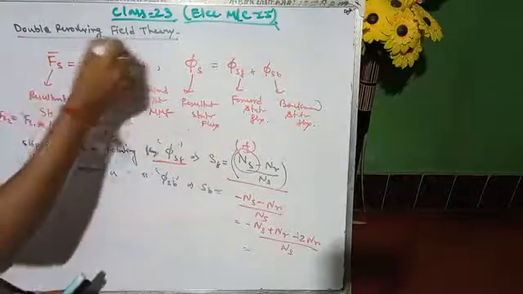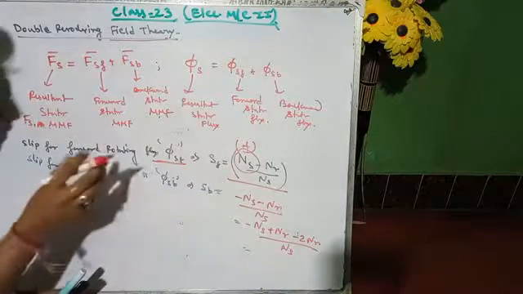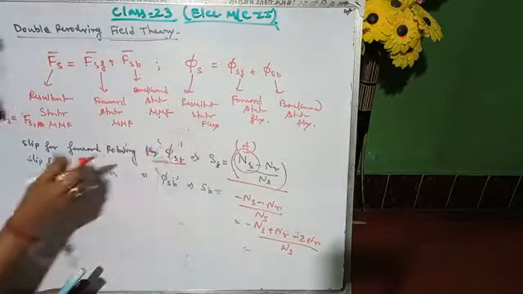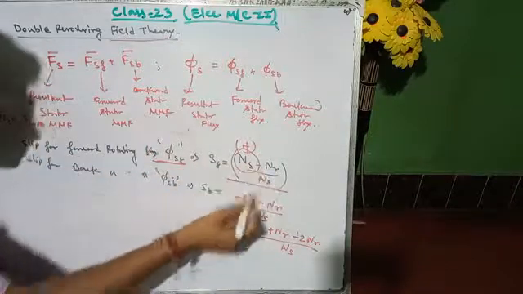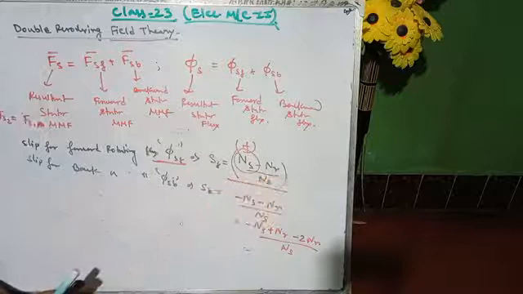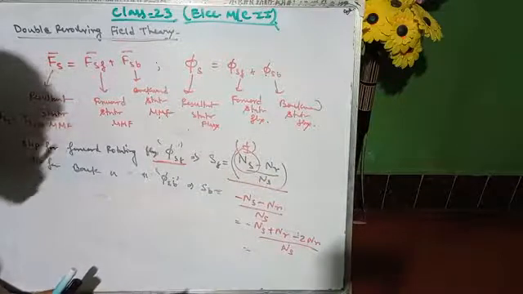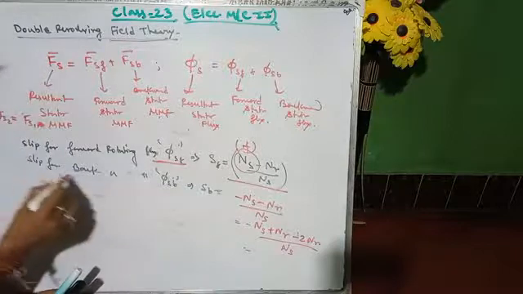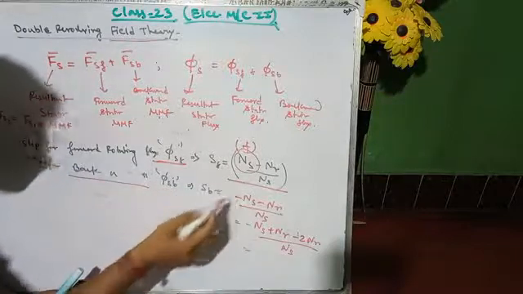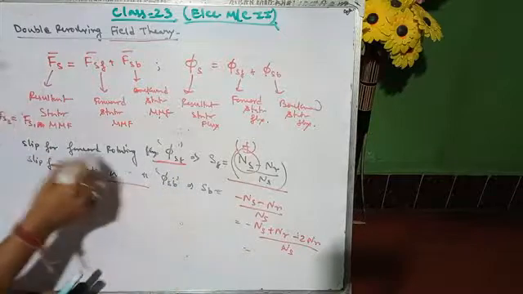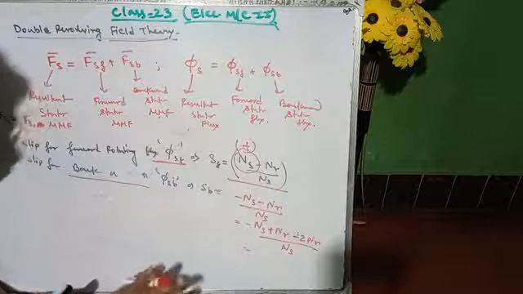But in the double revolving field theory, which only affects the stator field flux, the synchronous speed is modified. There is no modification on the rotor speed. So for the backward rotating flux it will be minus ns, and for the forward rotating flux it will be just plus ns. Only this one changes.